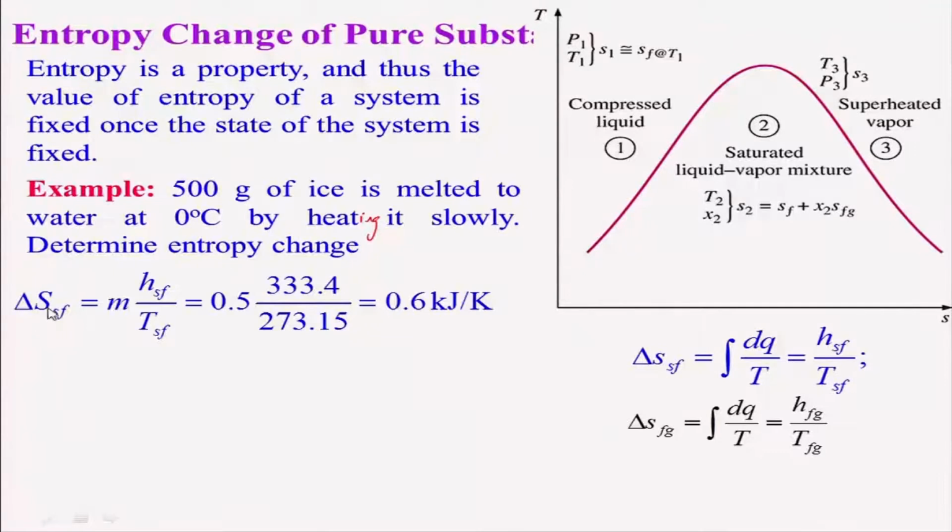The change in entropy during this melting process is equal to H_sf divided by T_sf. H_sf is given in a table, and happens to be 333.4 kilojoule per kg, and the melting occurs at 0 degree Celsius, which in Kelvin is 273.15. Substituting these values along with the mass, you will get 0.6 kilojoule per Kelvin, which is the entropy change during the melting of ice.